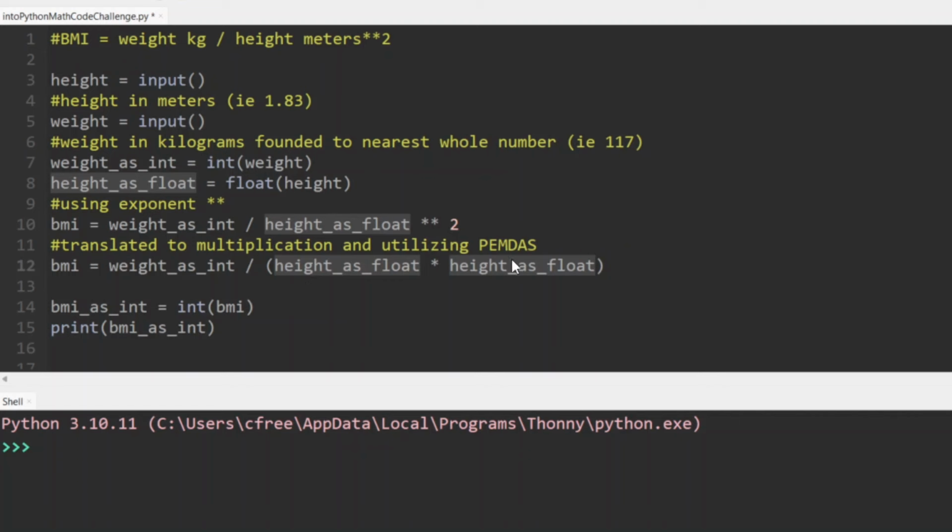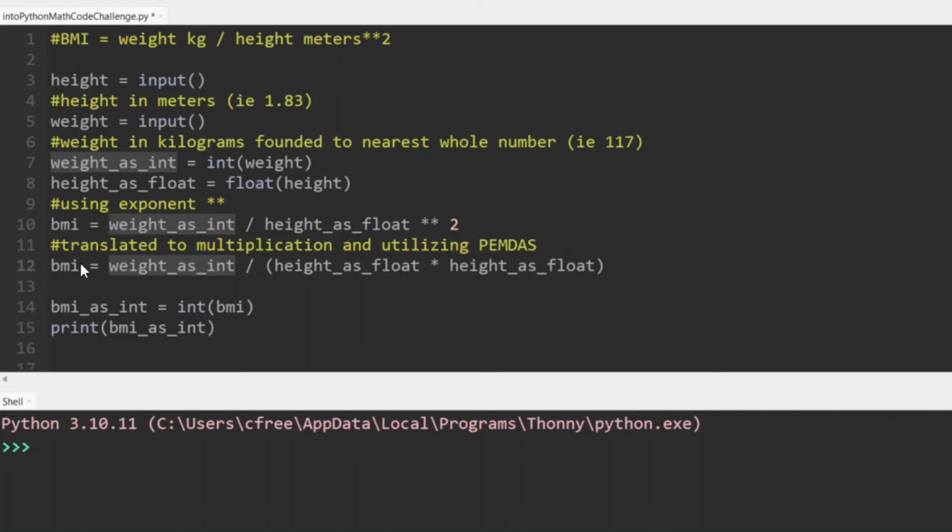You also see it to the side because I'm multiplying it by itself. Since we're not using the exponent, we multiply it by itself and put it in parentheses so that it's done first. Multiply these two together. We then divide weight as an integer by that, and that will give us the BMI.